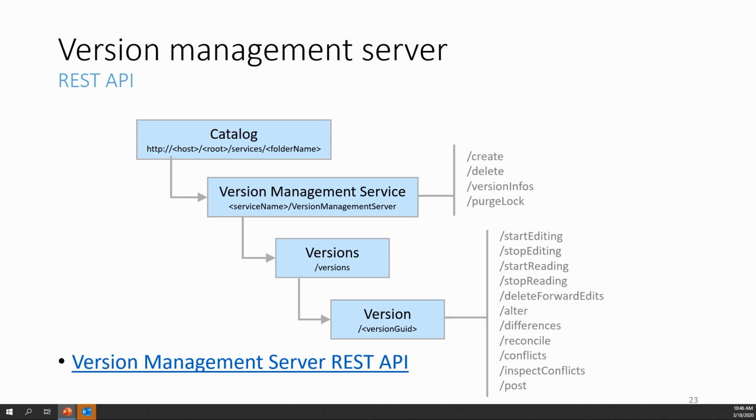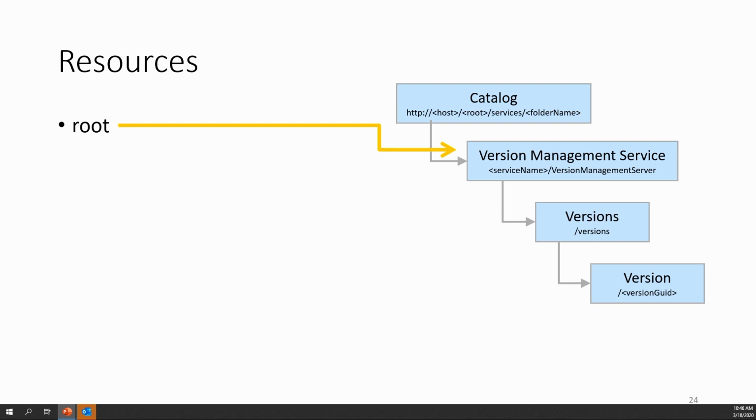And the link here, there's quite a bit of really good online documentation detailing the REST API for the version management server, as well as the other servers that we've been talking about. Now, again, the root is the version management service. Root/versions is another resource inside this constellation.